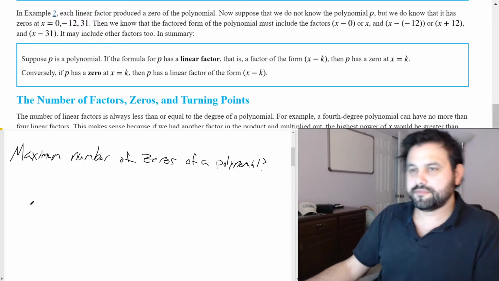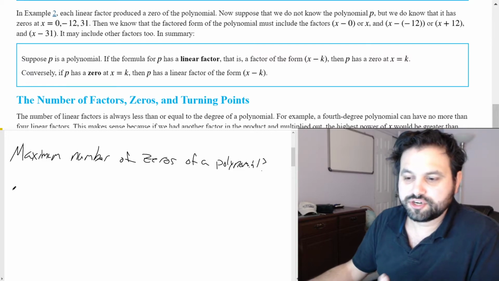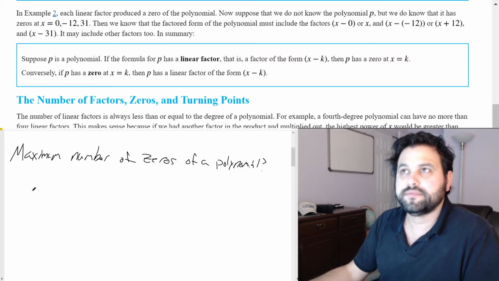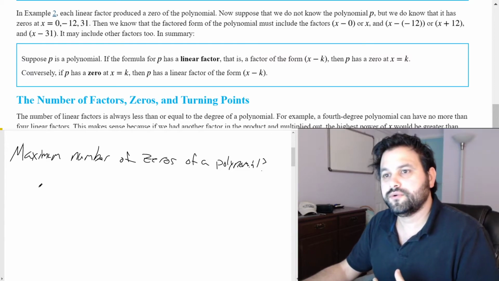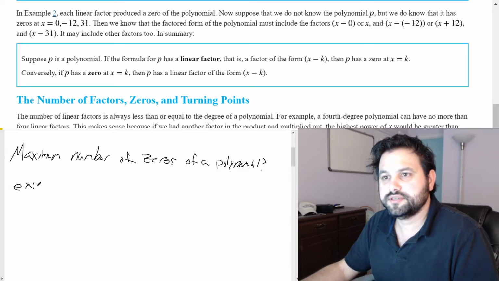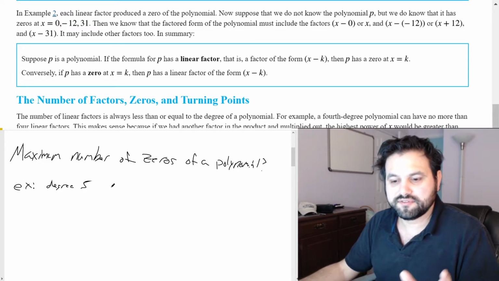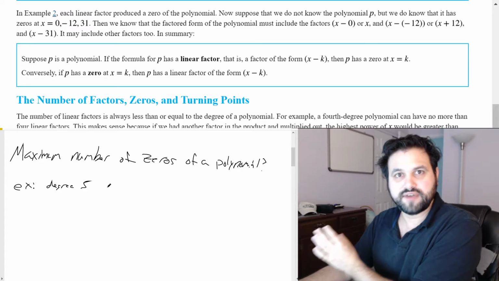Well, if you guys remember, if the degree is, say, a degree 5 polynomial, then let me just show you an example. If we're talking about a degree 5, then we could have 5 linear factors, right?